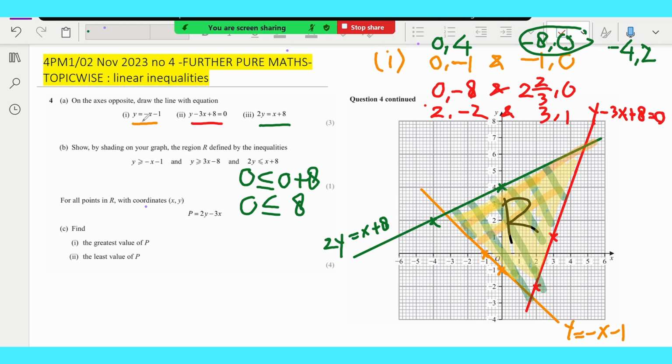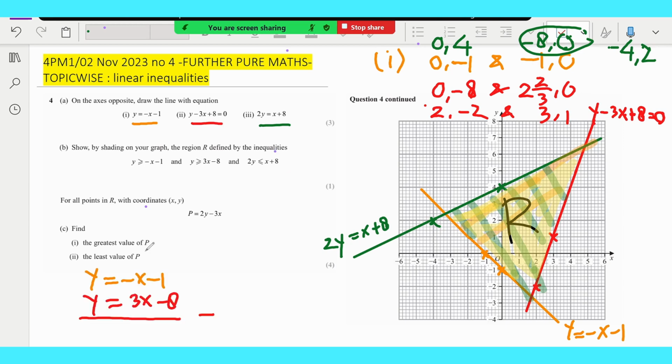So for the intersection between the orange line and the red line, let's write down the 2 equations. We write down this orange line equation and the red line equation in this form. Now we can do elimination. y minus y equals 0, and minus x minus 3x is minus 4x, and minus 1 minus 8 is minus 9... I mean, minus 1 plus 8 is plus 7.